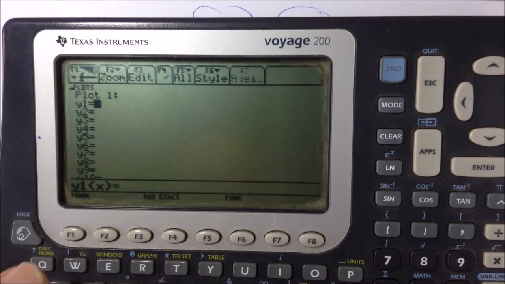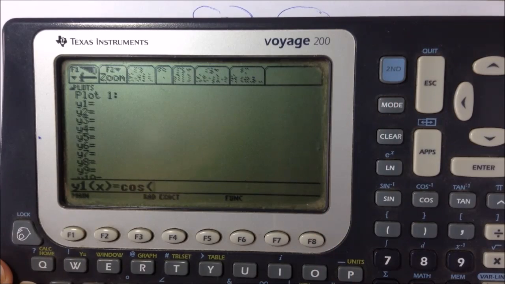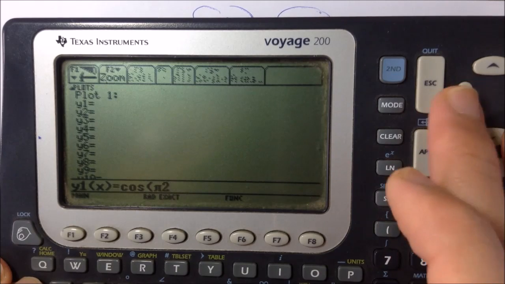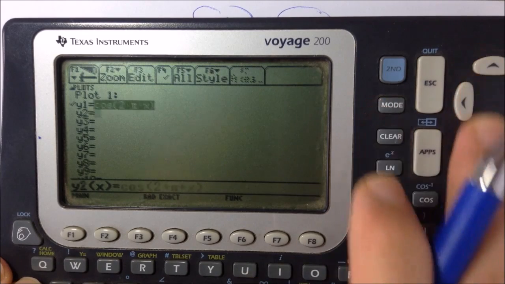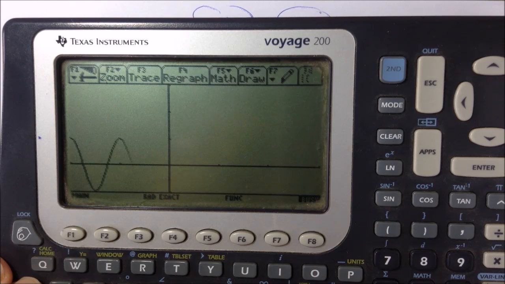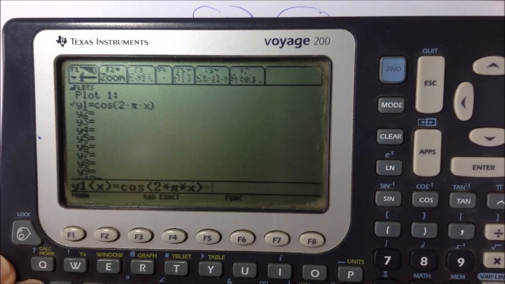So look at this. I'll plot a cosinusoid with a 1 Hertz frequency. So this is cos(2πx), which is a 1 Hertz cosinusoid. Now I'm going to add to this another cosinusoid with a 2 Hertz frequency, that is cos(4πx).